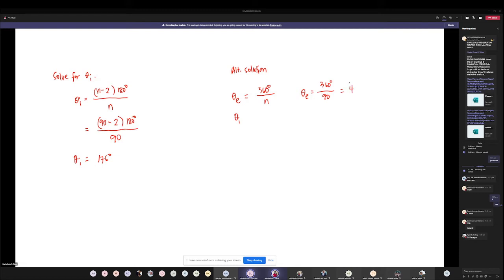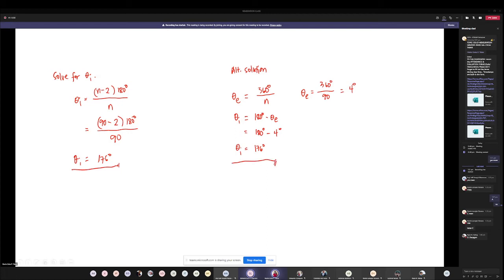Then we know that each interior angle is 180 minus the exterior angle, because when we add the two, interior and exterior, the sum is always 180. So you have 180 minus 4, in degrees by the way, so you get 176 degrees. Same answer, but two different solutions.